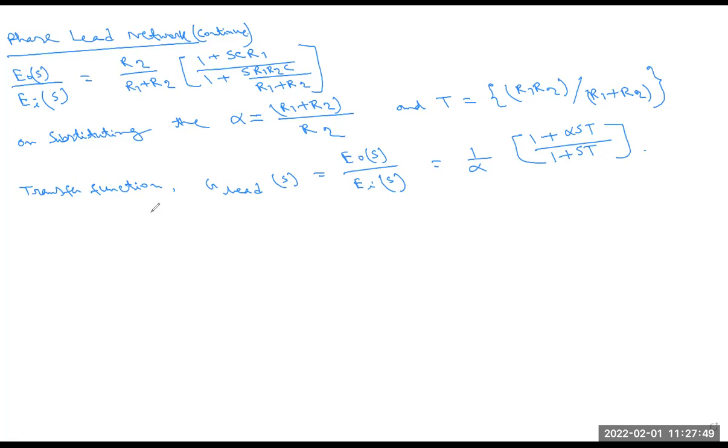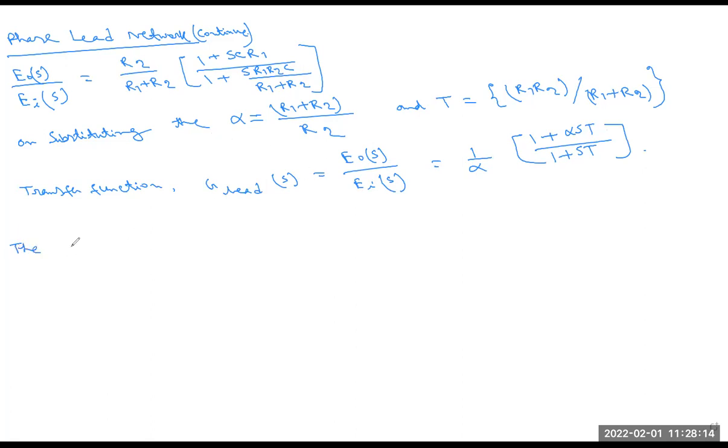So this is basically the transfer function of the phase lead network circuit, G lead(S), the output of the system by the input of the system, that is 1 by alpha times (1 plus alpha S T) by (1 plus S T). This above network we have to visualize as an amplifier with a gain of 1 by alpha.